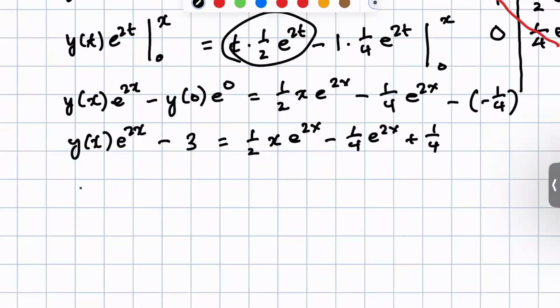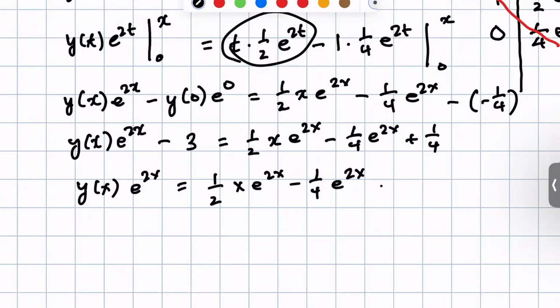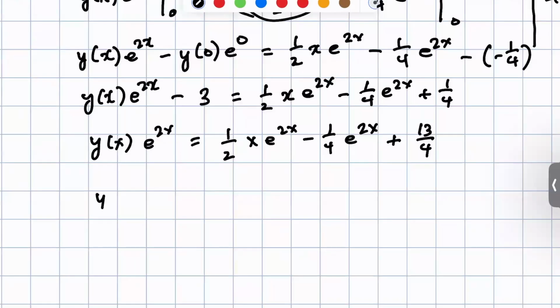Now I'm going to add 3, so y of x e to the 2x equals 1/2 x e to the 2x minus 1/4 e to the 2x. So I'm adding 12/4, so I get a 13/4. And then I multiply by e to the minus 2x. Y of x equals e to the minus 2x times this expression right here.